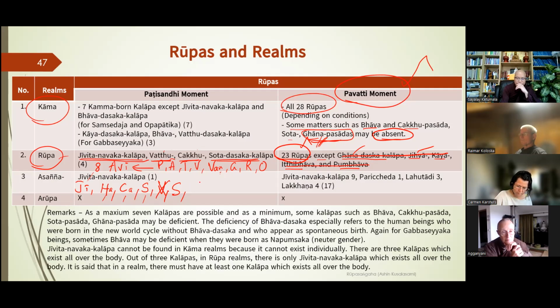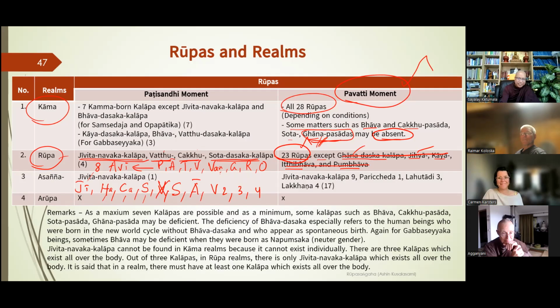What are the next? They are Jivita. So Agasa Dadu, and one. Two Vinyati. And Vikara, three. And four Lakna rupas.